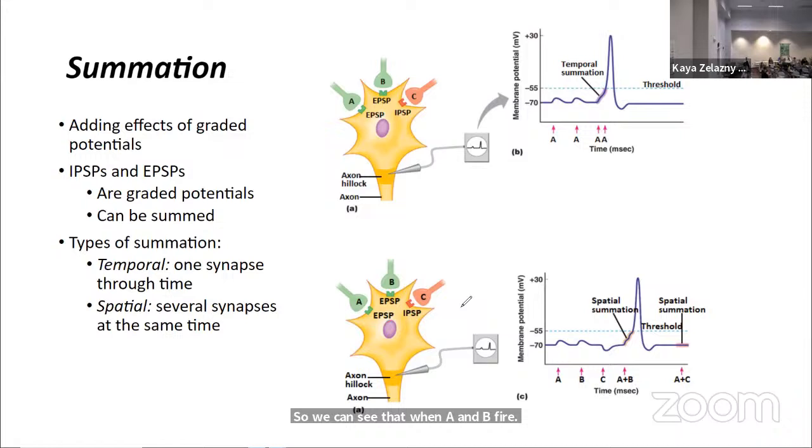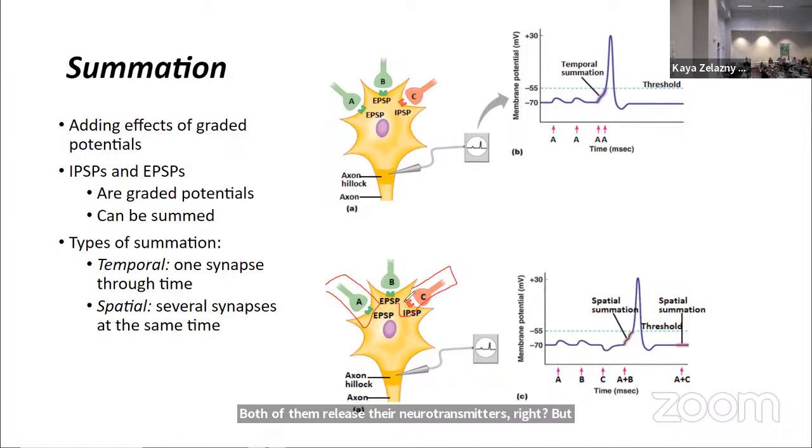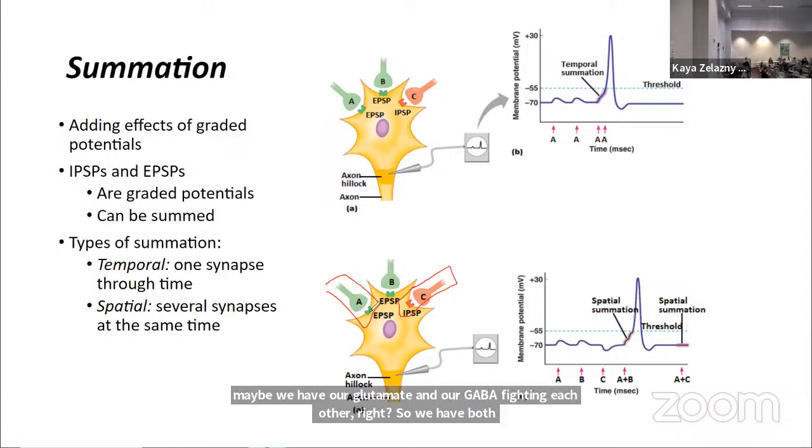However, not all of these are excitatory, right? So if we have A and C fire, both of them release their neurotransmitters, right? But maybe we have our glutamate and our GABA fighting each other, right? So we have both excitatory and inhibitory neurotransmitters as options.